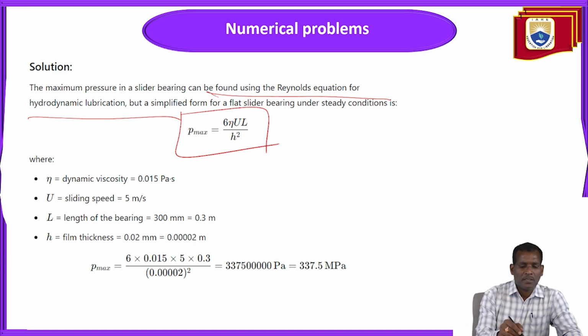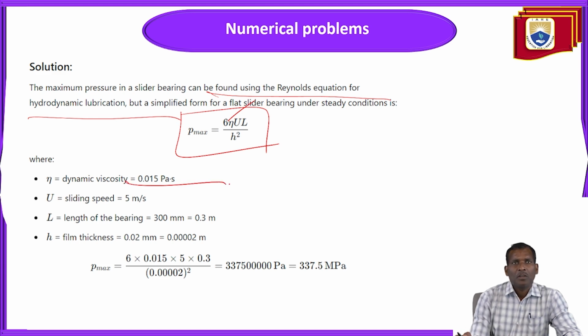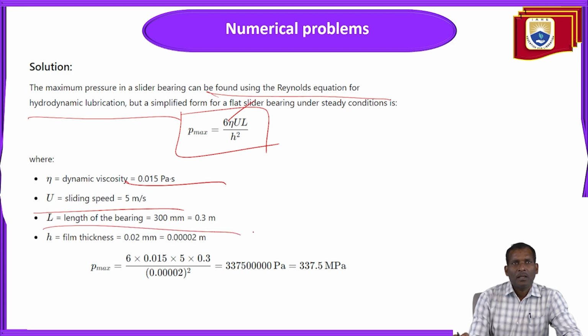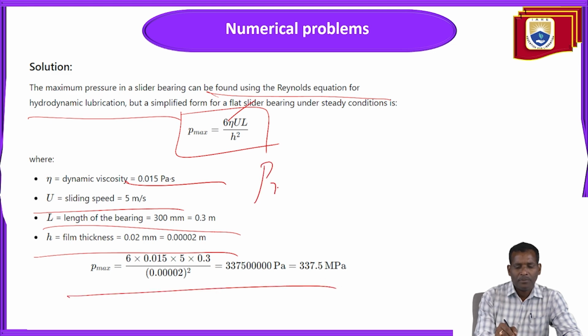Here mu is the dynamic viscosity given in the problem, U is the sliding speed, 5 meters per second given in the problem, and L is the length of the bearing in mm, convert into meter. And H is the film thickness, that is 0.02 mm, convert into meter, 0.00002 meter.